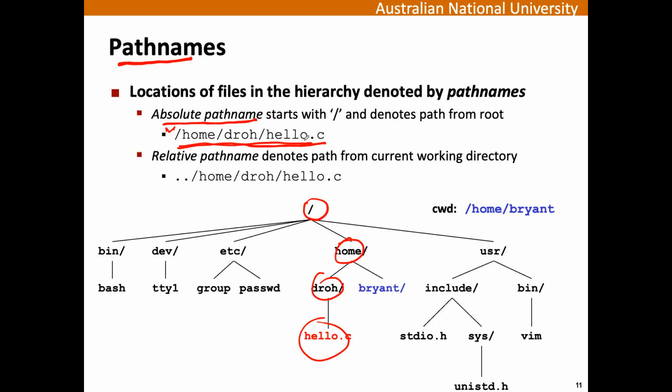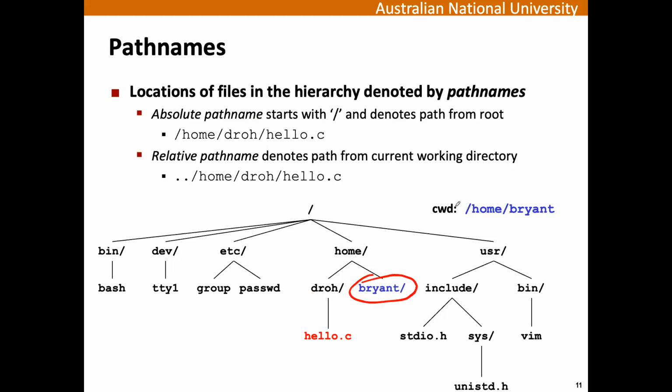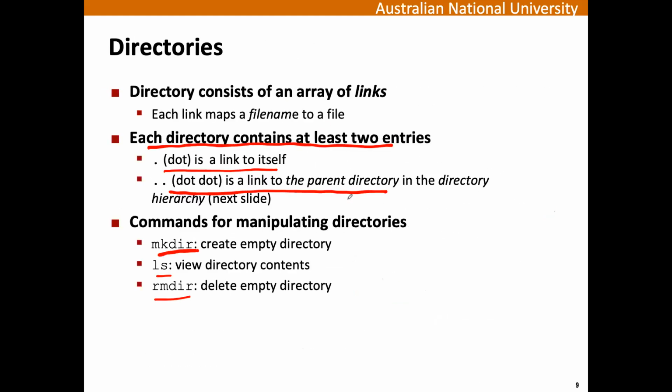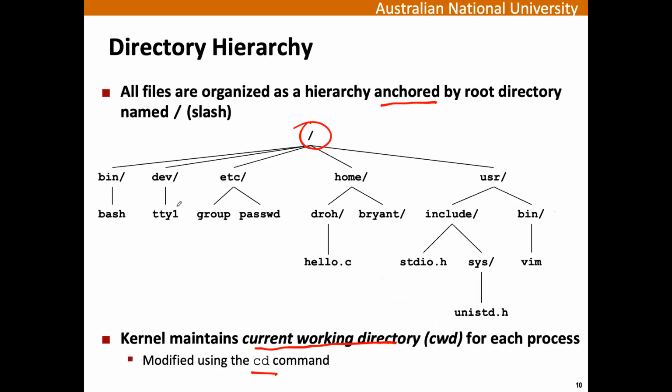And then there is the relative path name. So imagine you are in a directory called /home/bryant, and you want to access the file hello.c. What you will do is go to the parent, .. in the previous slide here. So .. is for the parent.